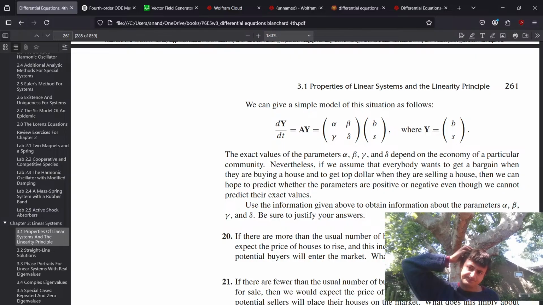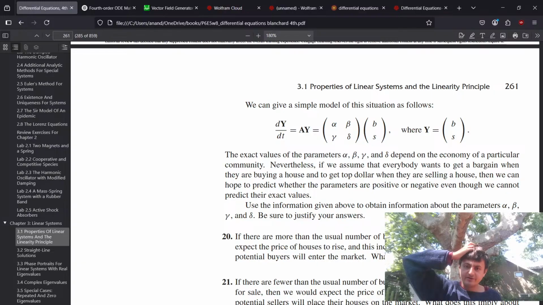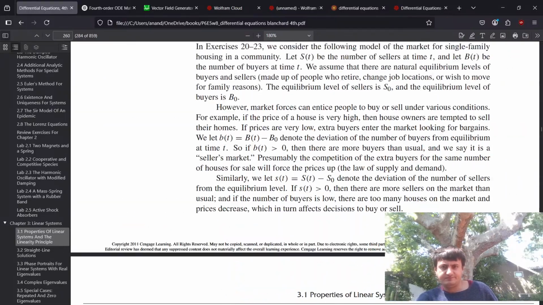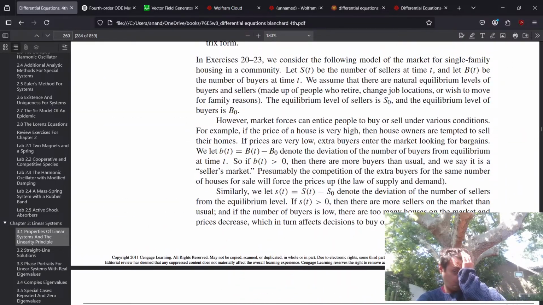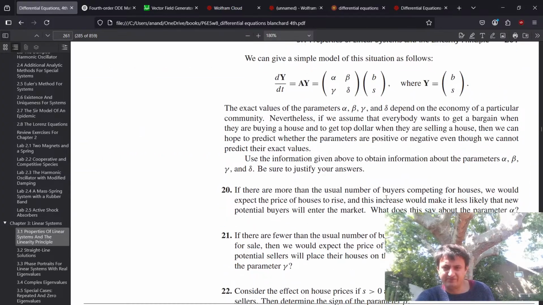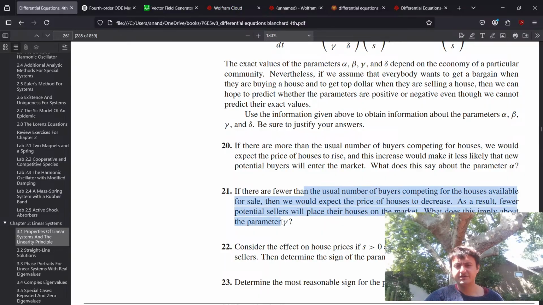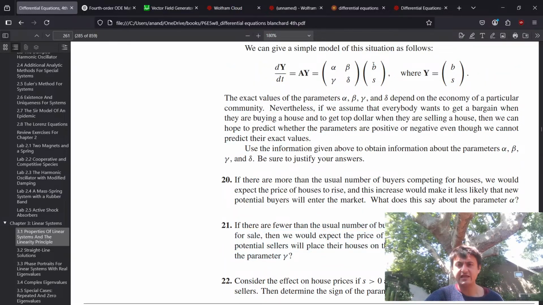If b is greater than 0, then there are more buyers than the natural equilibrium, and we expect the prices to rise. So we would expect that alpha is negative, I believe. Okay, so for 20, alpha must be negative. If there are fewer buyers, so that means that b is negative, then we'd expect the price of houses to decrease.